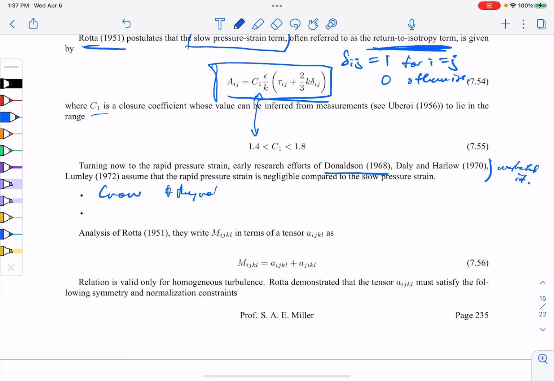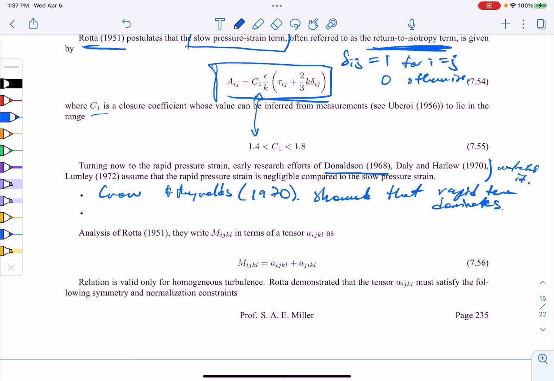This is not Osborne Reynolds, but someone else with the same last name and at the same time frame, who showed that the rapid term dominates sometimes. And other authors later on tried to devise particular closures to approximate the equation based on kinematic theory.